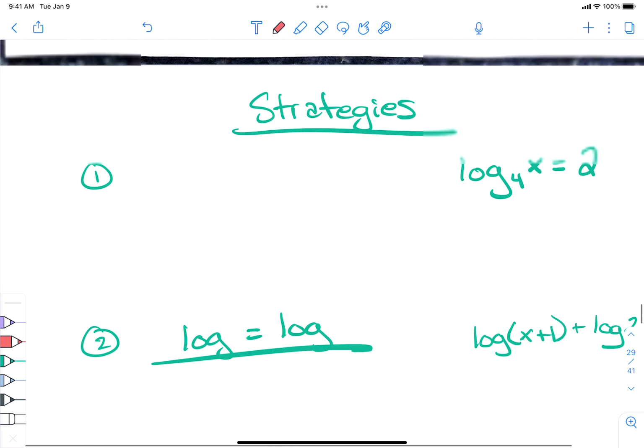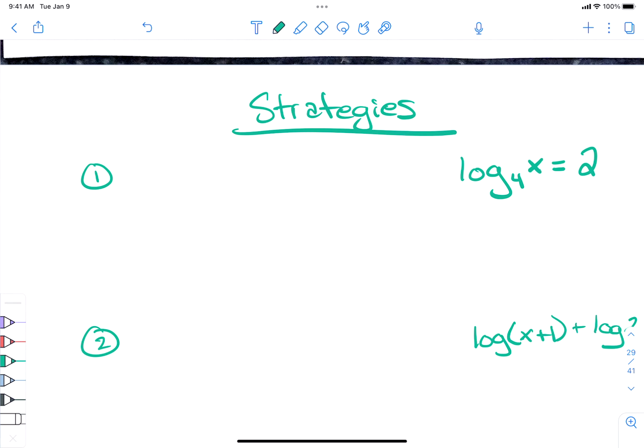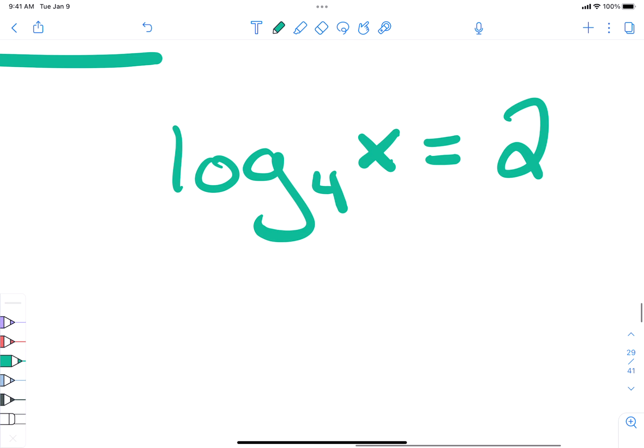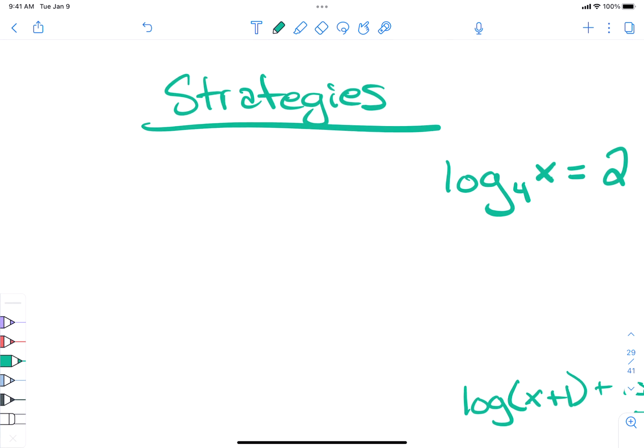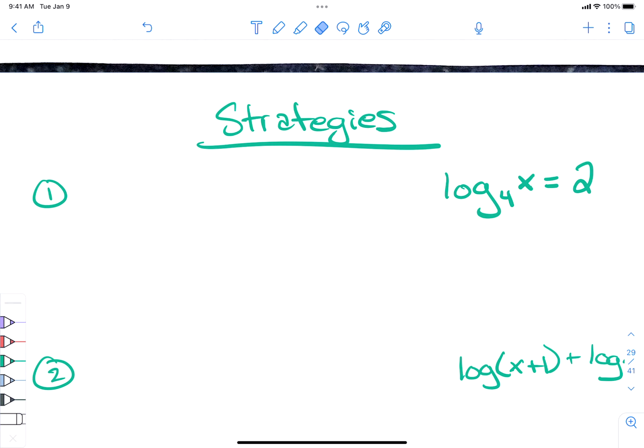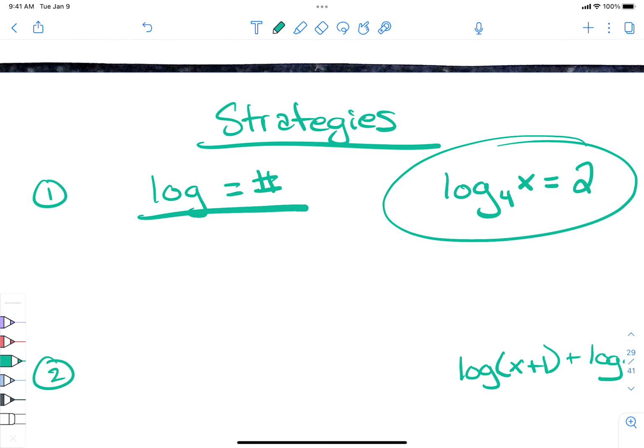Strategies. First of all, one strategy, like you have something like this over here. This is the strategy that you're going to use when you have a log equal to a number or equal to something. I know we've written this down on a paper before. When you have a log equal to a number, like this one here, what is the strategy?